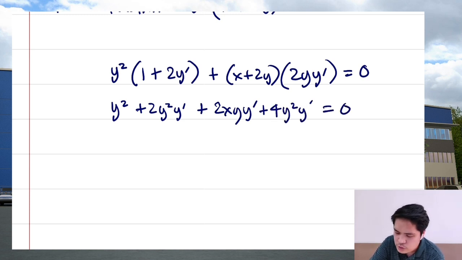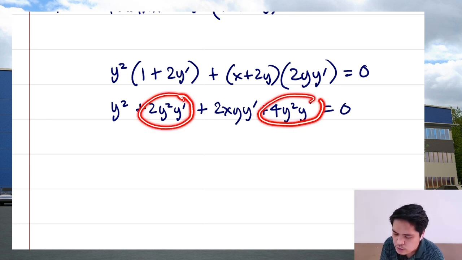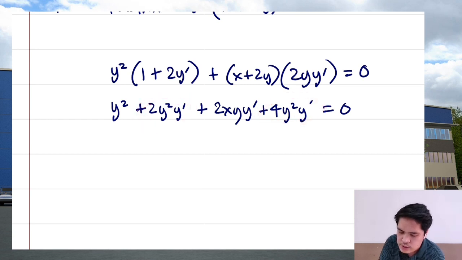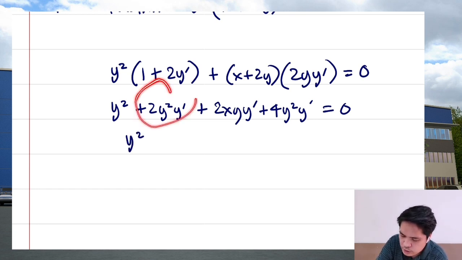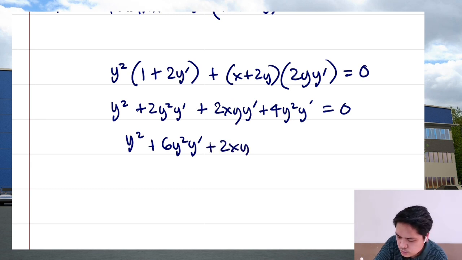That's equal to 0. Then if you notice, eto magkapareho. Diba? Magkapareho sila. That's y squared y prime, the variable. So we could just combine this as 2 plus 4. So that's 6. So this becomes y squared plus 6y squared y prime, then this, which is 2xy y prime.